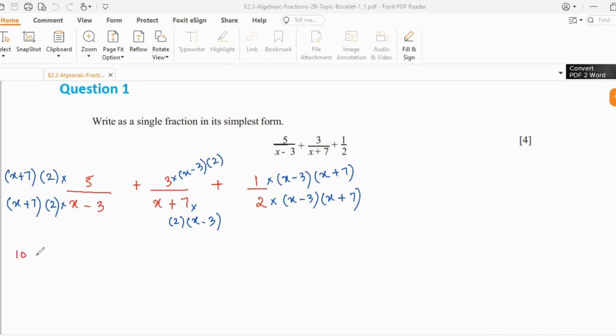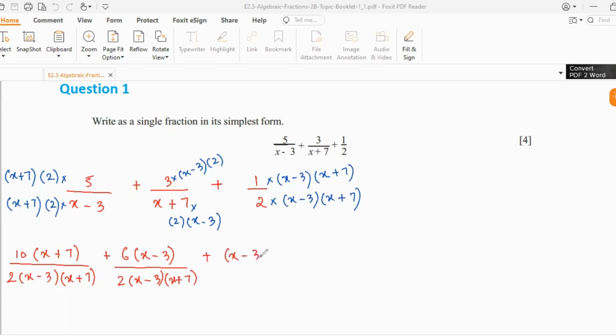So 2 times 5, 10 times x plus 7, over 2 times x minus 3 times x plus 7, plus 6 times x minus 3 over 3 times x minus 3 times x plus 7, and plus x minus 3 times x plus 7 over 2 times x minus 3 times x plus 7.